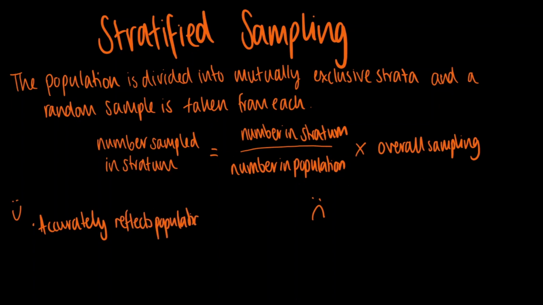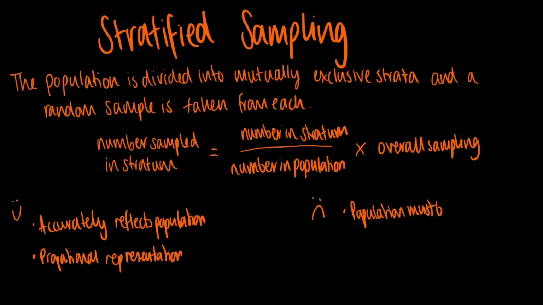An advantage of this is that it accurately reflects the population, and there is proportional representation. A disadvantage is that the population must be clearly distinguishable. As in my example earlier, boys and girls are quite clearly distinguishable.